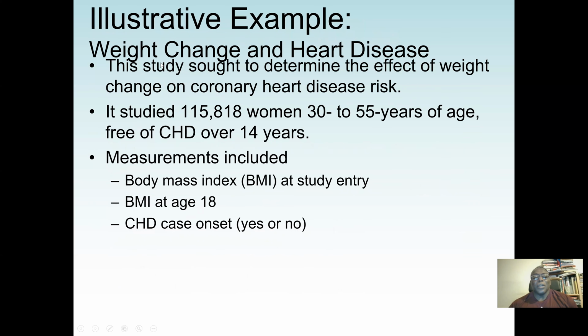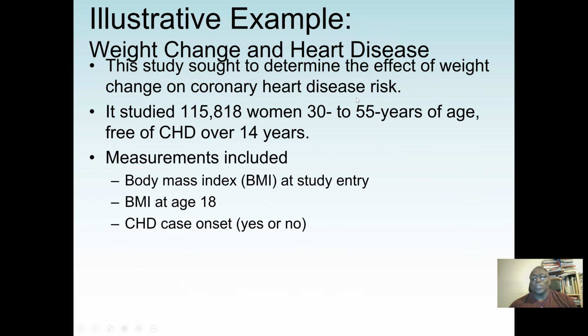So let's see some examples here. Again, here we are dealing with only measurement. So here they say weight change and heart disease. This study sought to determine the effect of weight change on coronary heart disease risks.